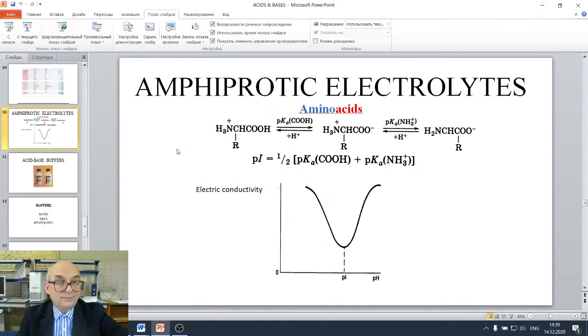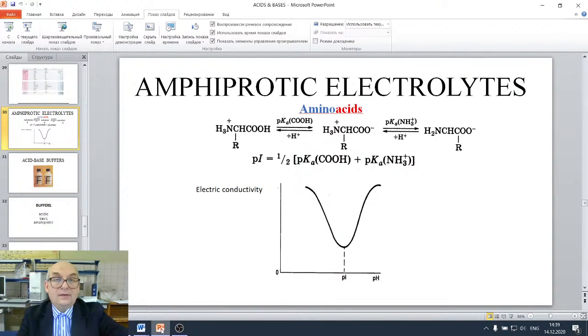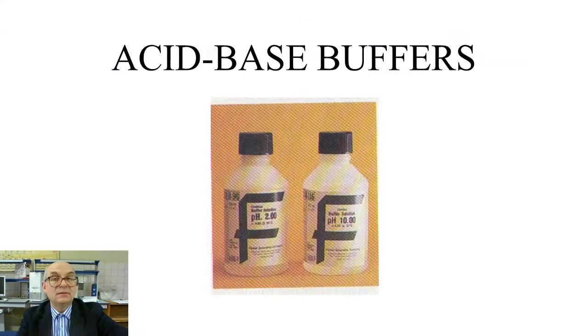And now let's continue and consider the next section, which is acid-base buffers.